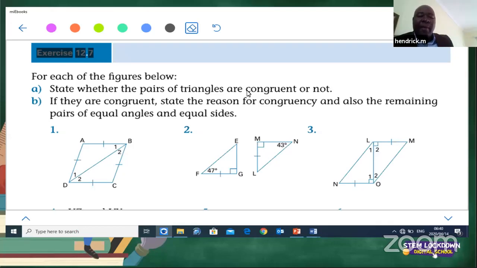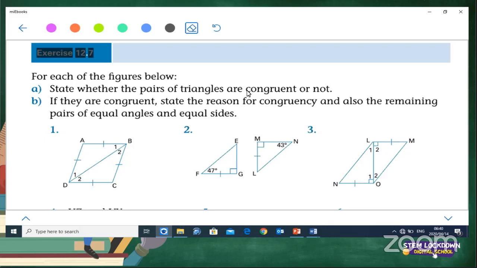Okay, yes, I can see the pair of 90 degrees there. What else? And the 47 degrees. Oh, no, sir, it's not really congruent, because the other side is 47 and the other one is 43, sir.